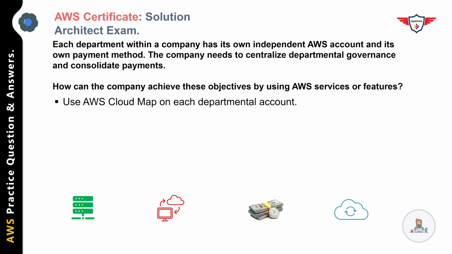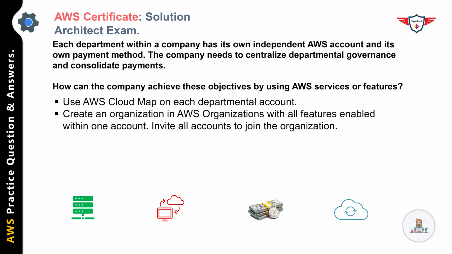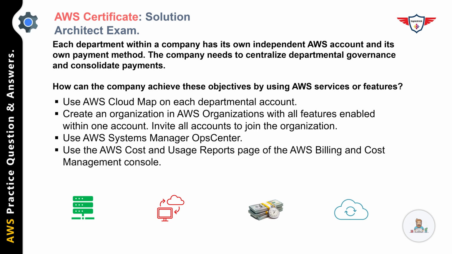And your options are use AWS Cloud Map on each department account, create an organization in AWS Organizations with all features enabled within one account and invite all accounts to join the organization, use AWS Systems Manager OpsCenter, use the AWS Cost and Usage Report page of the AWS Billing and Cost Management console.